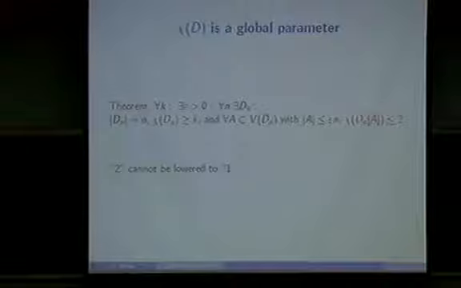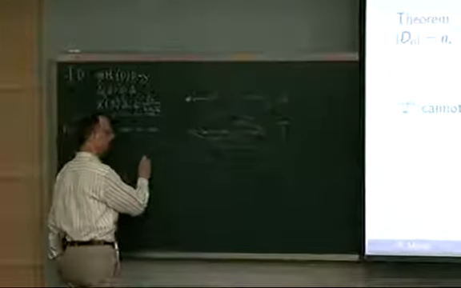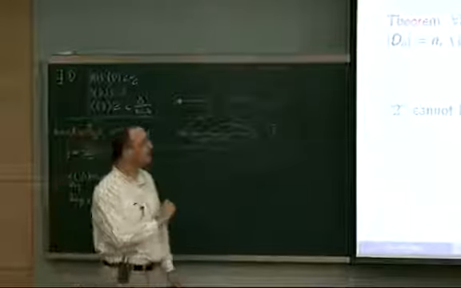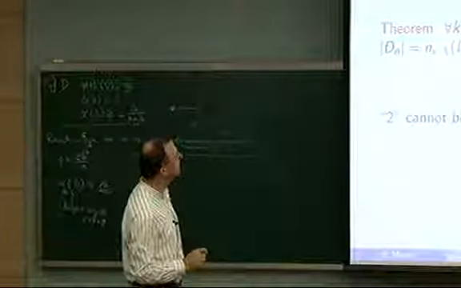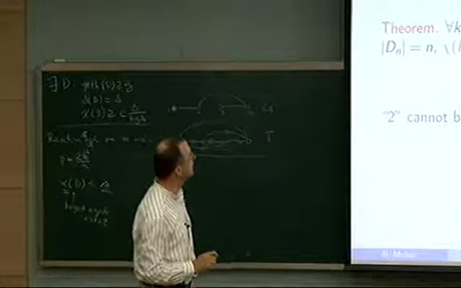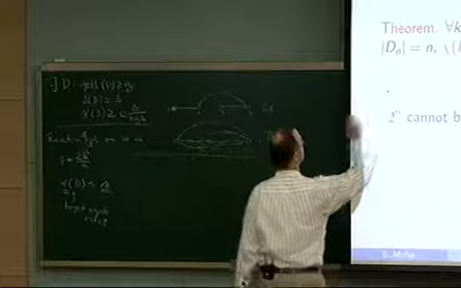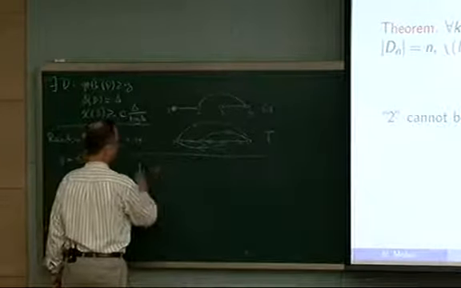This is a result for graphs, not for digraphs. So for graphs, it says the following. For every chromatic number at least 4, it didn't say for every k at least 3, I guess. Here in my theorem it's at least 3. So k at least 4.